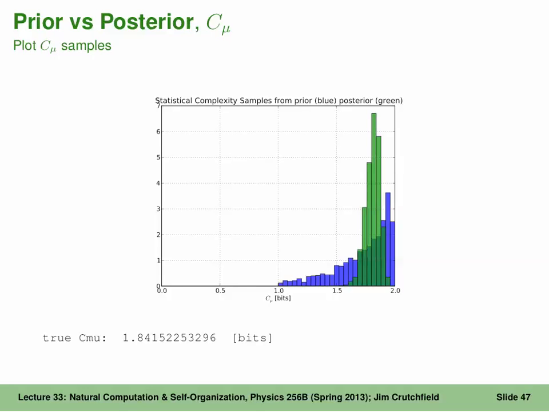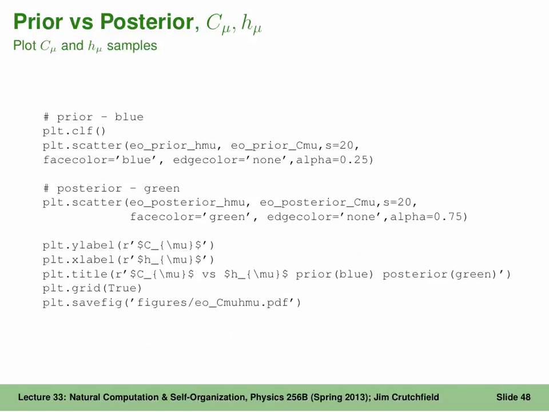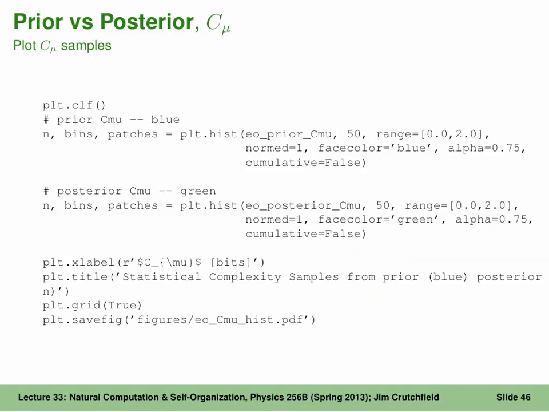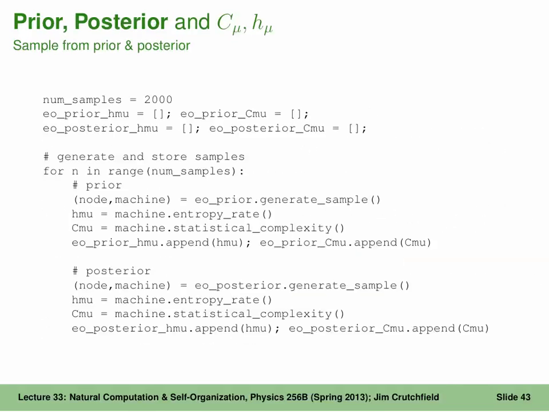Okay, and then the very last thing for today. Maybe if I go back to here. When I was doing these things, I was sampling one machine from the prior, and I was getting its entropy rate. So this has particular transition probabilities.